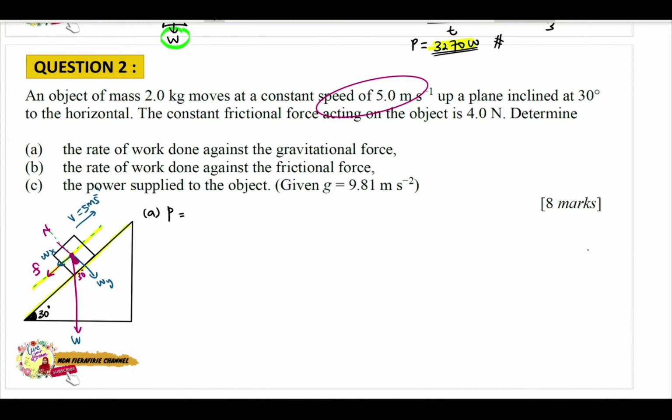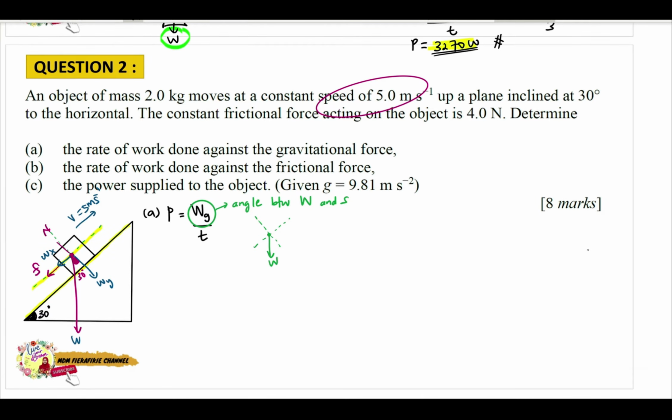That means P is equal to WG, the work done against the gravitational force, over T. For WG, looking at the weight, you can do it two ways. Either look at the angle between W and S. Let's say this is the X component and this is the Y component.